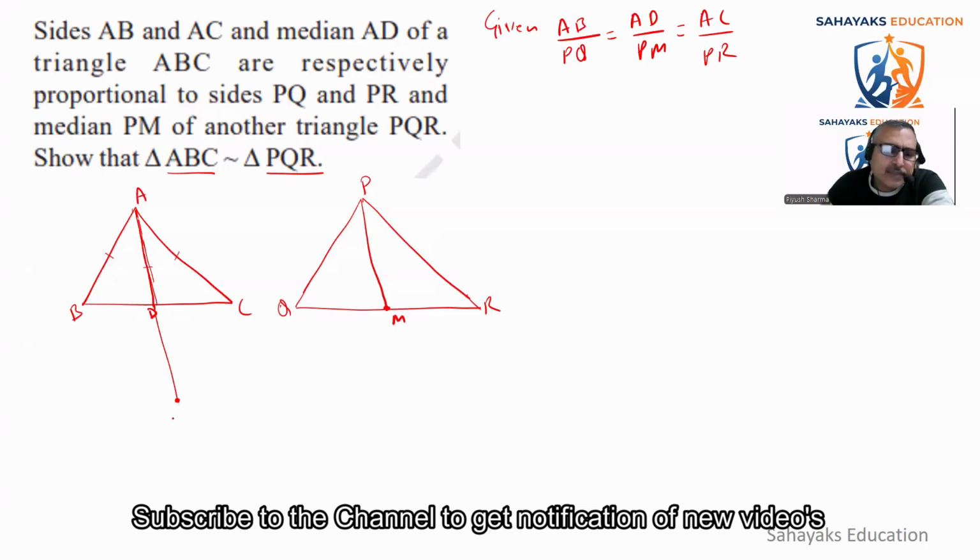I'll say point R. AM is done, and PQ is also done. So AD is equal to DR, and we'll join it with this point.